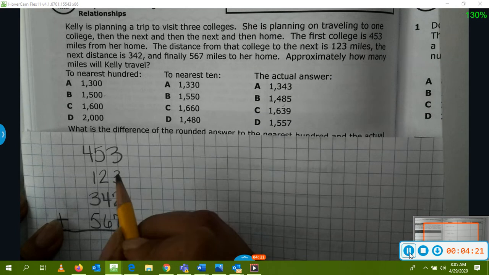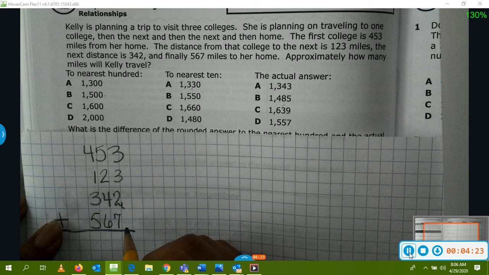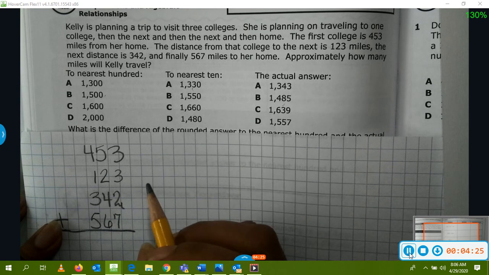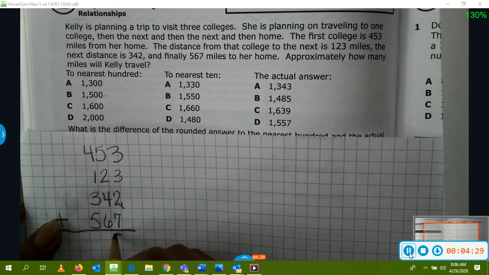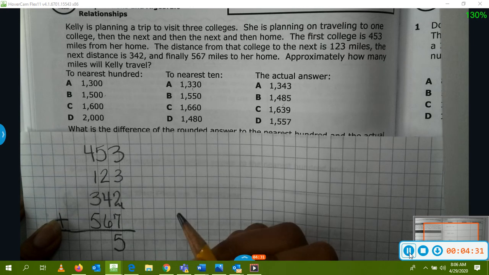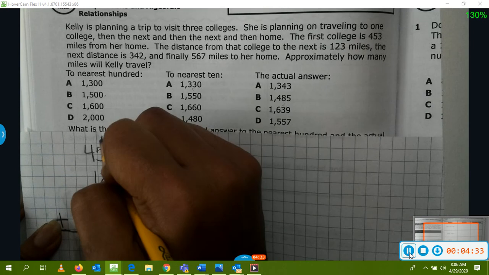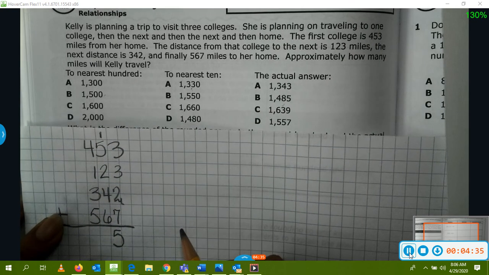3 plus 3 is 6. 6 plus 2 is 8. 8 plus 7 is 15. Write down your 5 in the ones place, and you're going to carry that extra 10 on the other side.